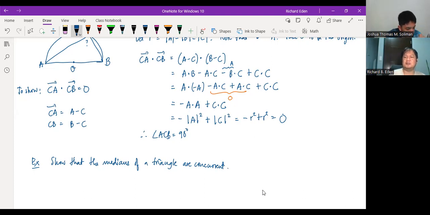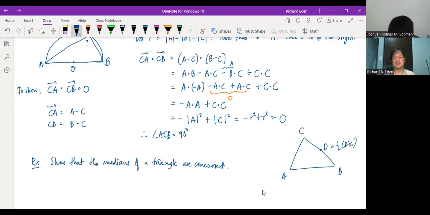How would that help us? Because I remember, let's say this is B and C, and then A, and if D is the midpoint, we argued that D is half of B plus C. Right? We have that argument already. And this can be concluded no matter what the origin is.